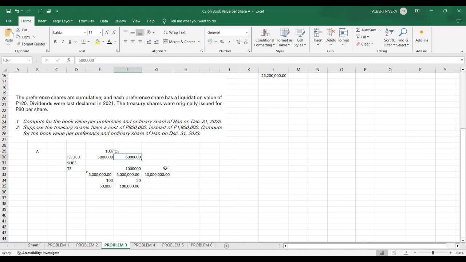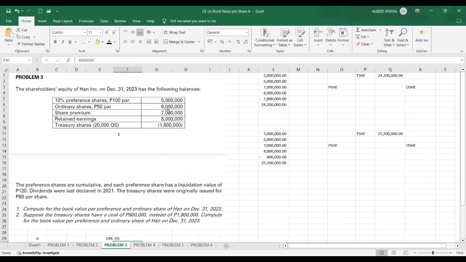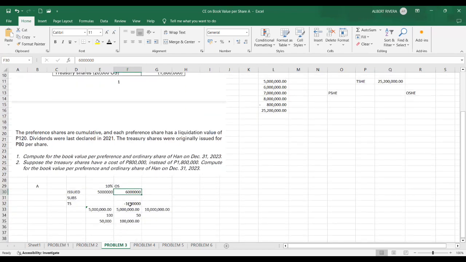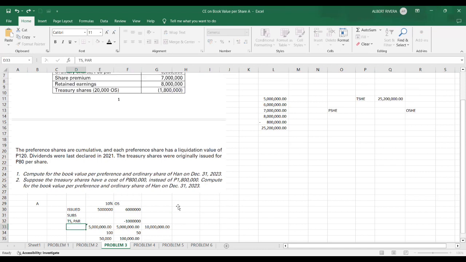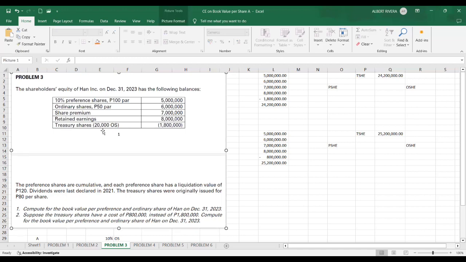Here, the aggregate par or the par value of the ordinary is 6 million. Okay? And this should be TS, treasury shares. This should be at par because we are getting the aggregate par value. So this is treasury shares at par. And that would be number of treasury shares, which is 20,000 times the par value of 50. This is for ordinary.